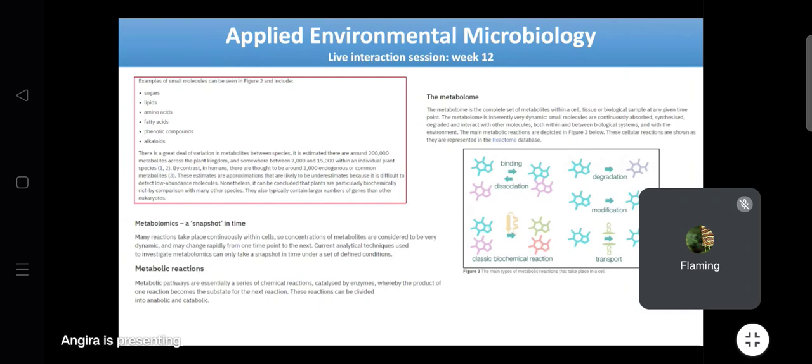So in metabolomics, we are actually taking a snapshot in time. We are looking at many reactions taking place continuously within cells, resulting in variation in the concentration of metabolites inside the cell.